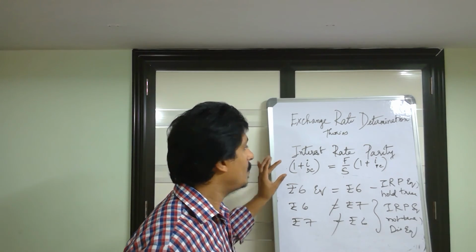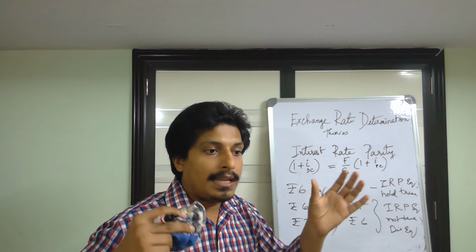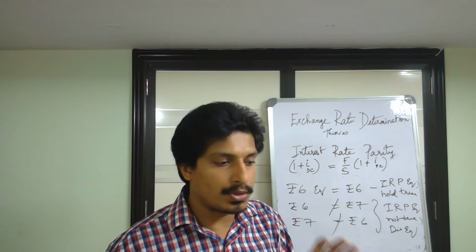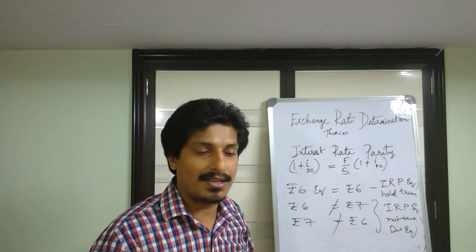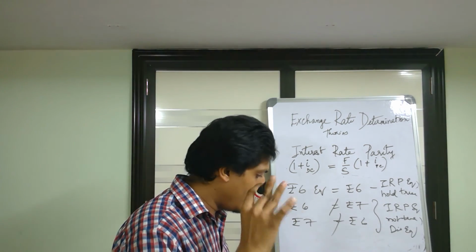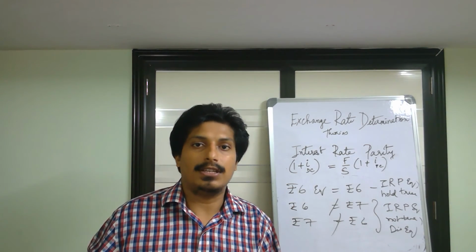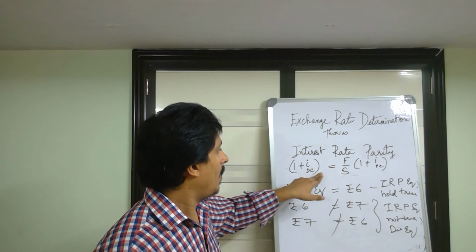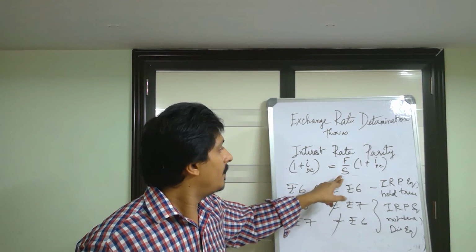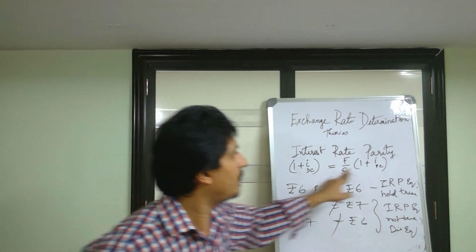You find two investments, one in India, one abroad, and the investments you choose should be similar. Similar in what way? Similar in the risk feature. You should pick a risk-free investment in India and a risk-free investment abroad, and you identify the rates of those investments for both the countries.